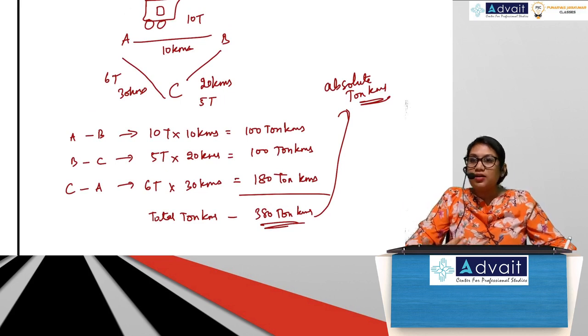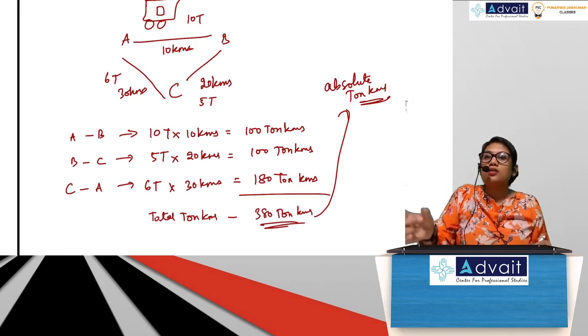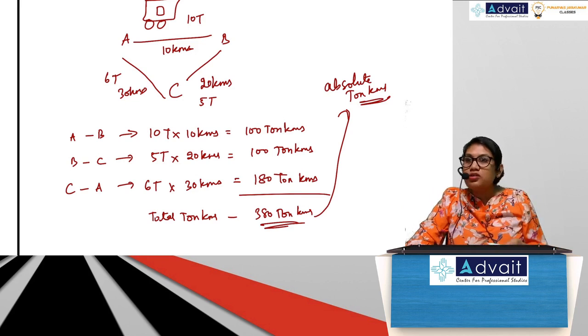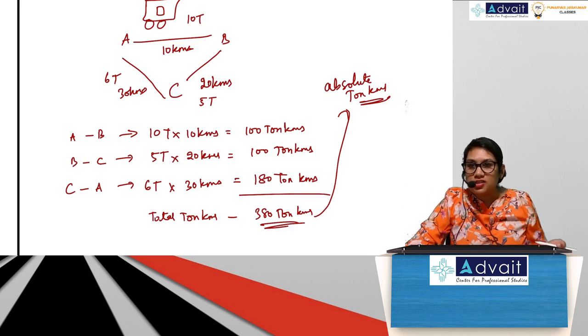Now it is not technically possible to sit and practically calculate for each and every part the lorry has gone to. I have just put 3 destinations here. What if there are 10 destinations in the middle? It's not possible, correct?